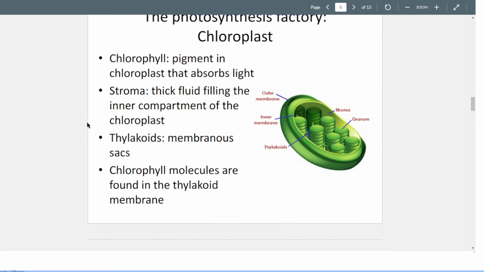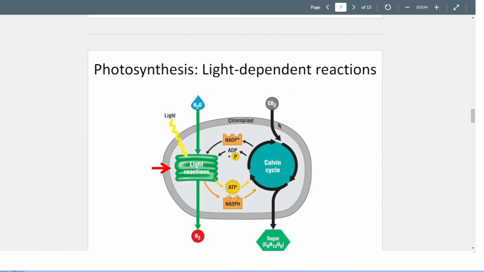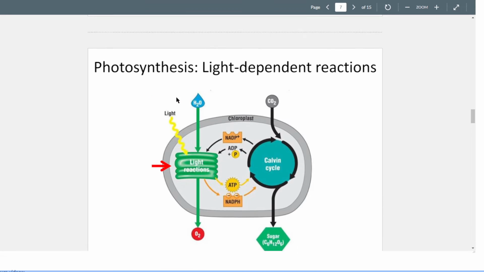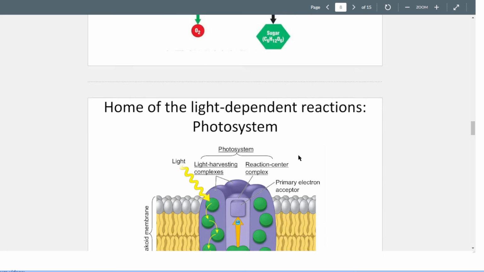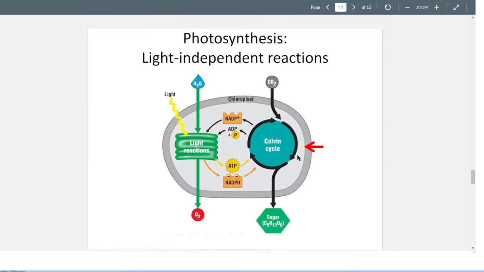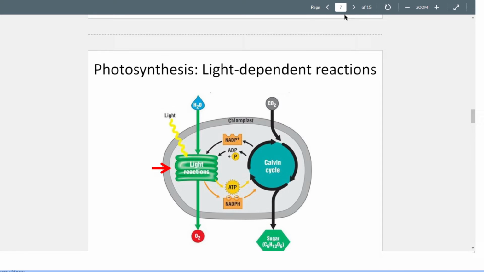So in this picture we have two kinds of reactions: light dependent and light independent. The light dependent requires light. The light independent does not, and another name for it is the Calvin cycle.